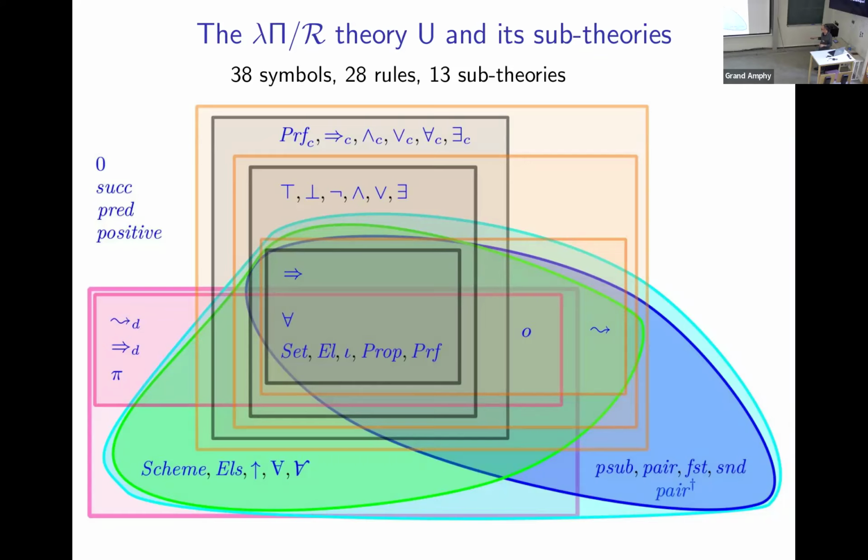Here, for instance, it's also including some dependent pairs if you want proof irrelevance in the second argument, as it is used in the PVS proof assistant.